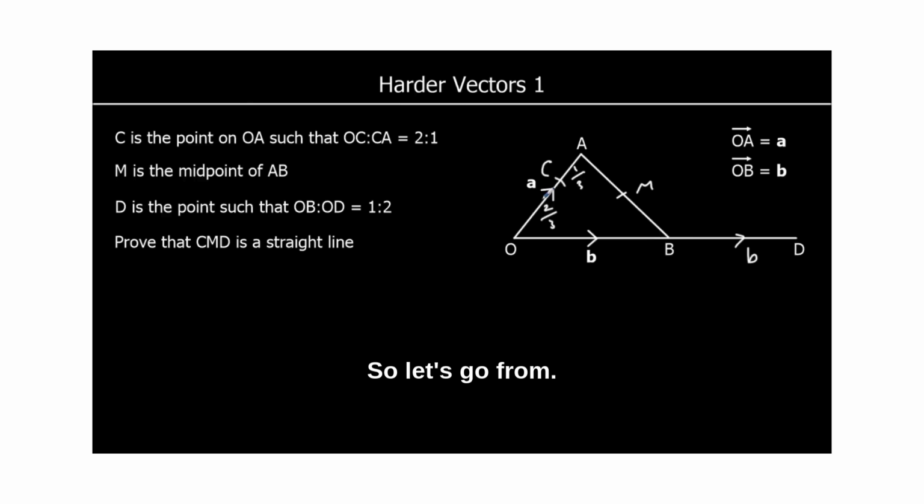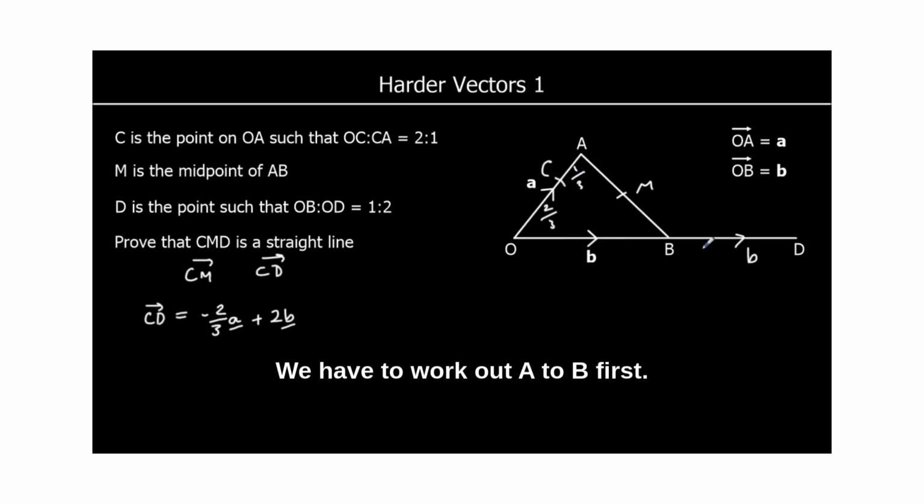So we're going to go C to M and C to D. So go C to D first, that's easier. So it's minus 2/3 a plus 2b. And to go from C to M, we'll have to work out A to B first.